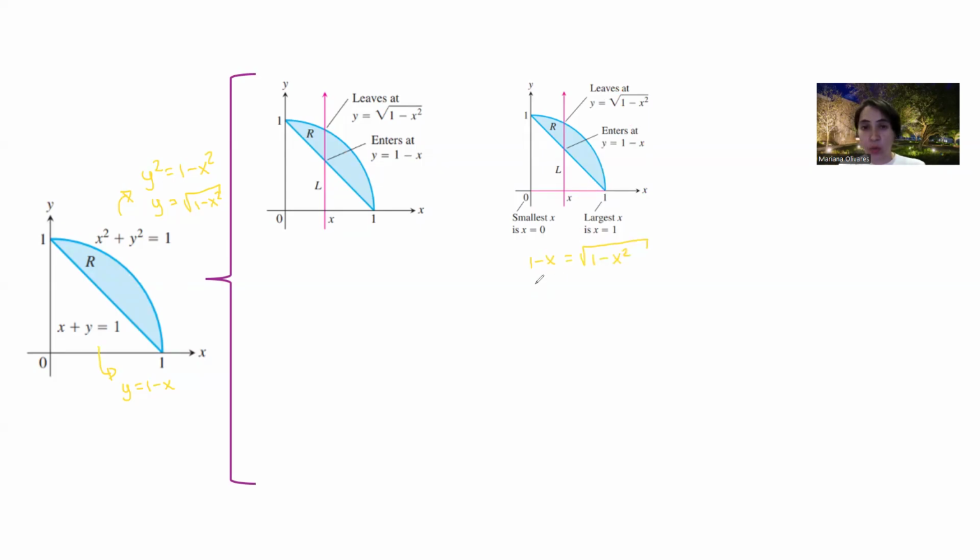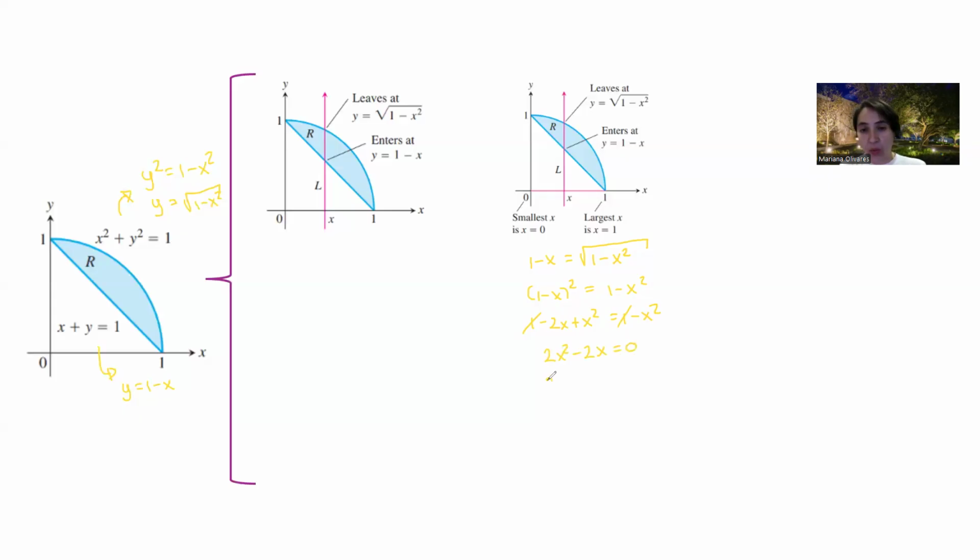To eliminate the square root, we're going to raise both of the sides to the second power. So we have it squared here and here 1 minus x squared. If we raise this to the second power, we're getting 1 minus 2 times x plus x squared equal to 1 minus x squared. We can cancel these two things here and move all the terms to one side of the equation. So we're getting this x squared positive plus this x squared, so we're getting 2x squared minus 2x equal to 0.